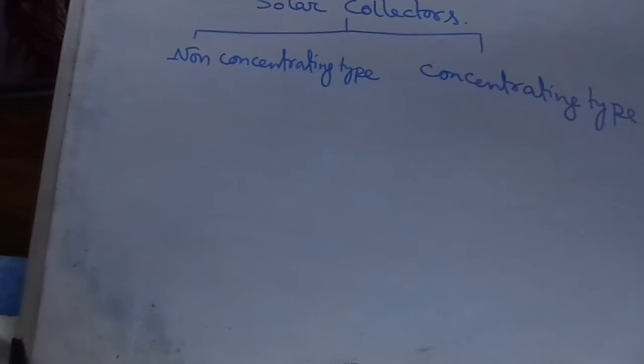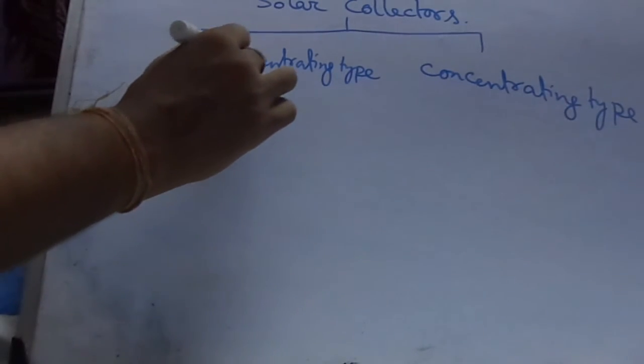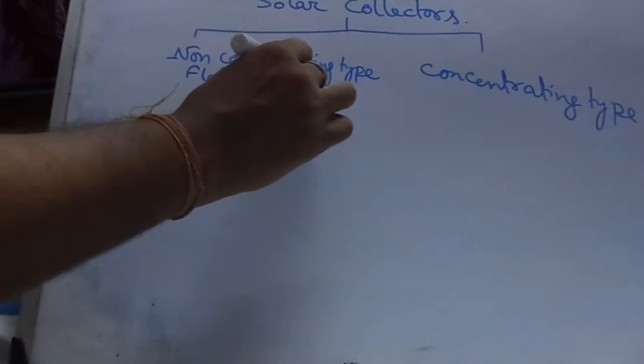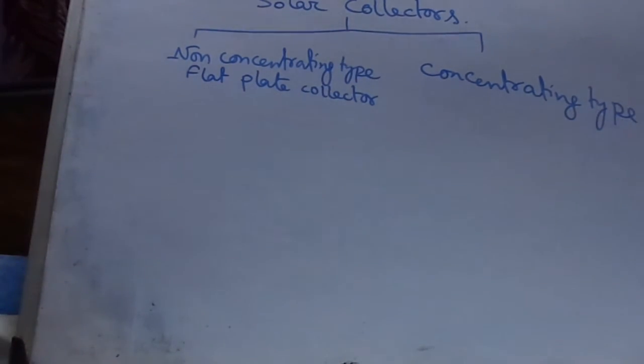Non-concentrating type means flat plate collector. Another one is the concentrating type.